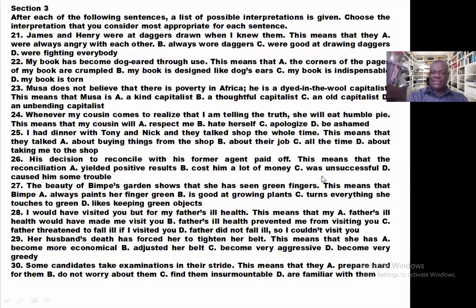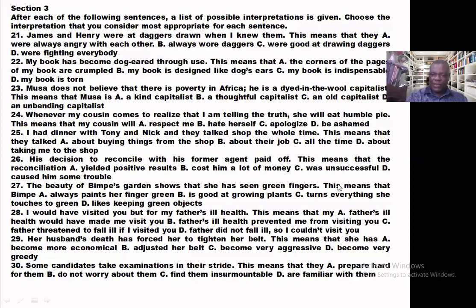And green fingers are the things that enable you to do your work. So it must be somebody who is really conversant with gardening. Even if you don't know the exact meaning, the mental picture it creates can help you to decode the meaning.